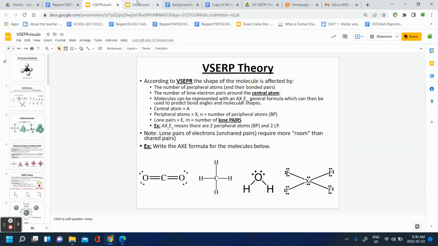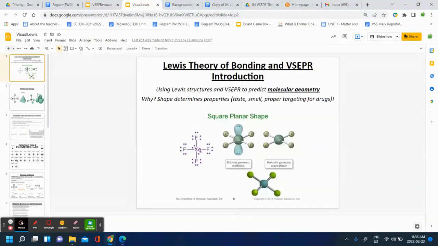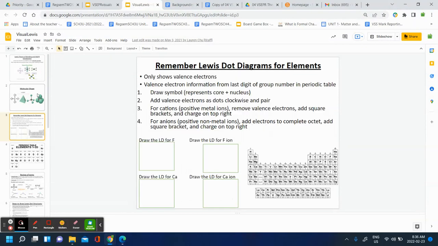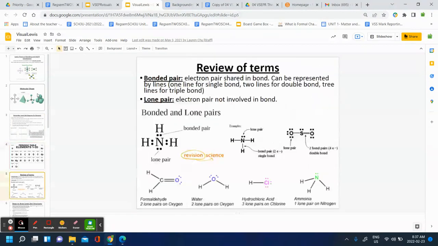Before you go further, you should make sure you review your Lewis structures and that you know how to draw them. So if you don't know how to draw them and if you need to review terms, you can come back to the visual that's included in your VSEPR lessons. So here you can review how to do Lewis structures for elements and ions. You can review terms such as bonded pair, so electrons found within a bond, they're shared.